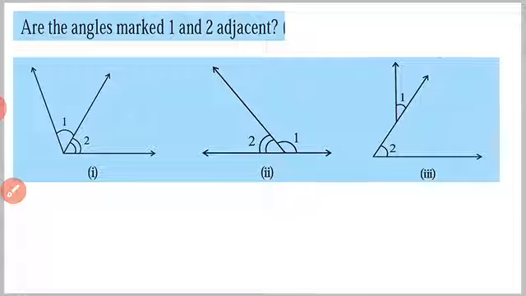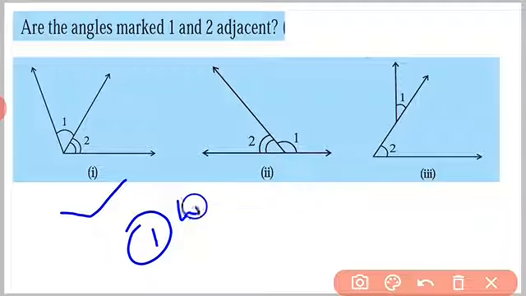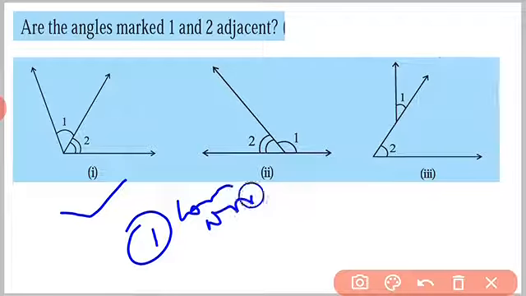Are the angles marked 1 and 2 adjacent? So we have to see whether these angles are adjacent or not. So let's take the first case. What are the three conditions for a pair of angles to be adjacent? First condition is that they should have a common arm.